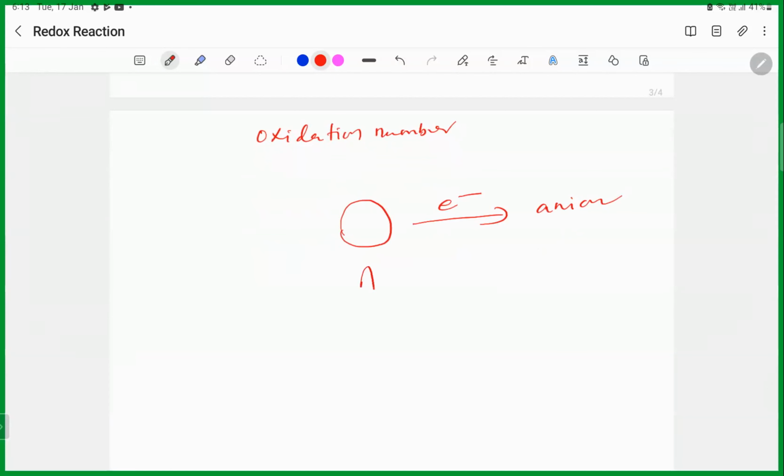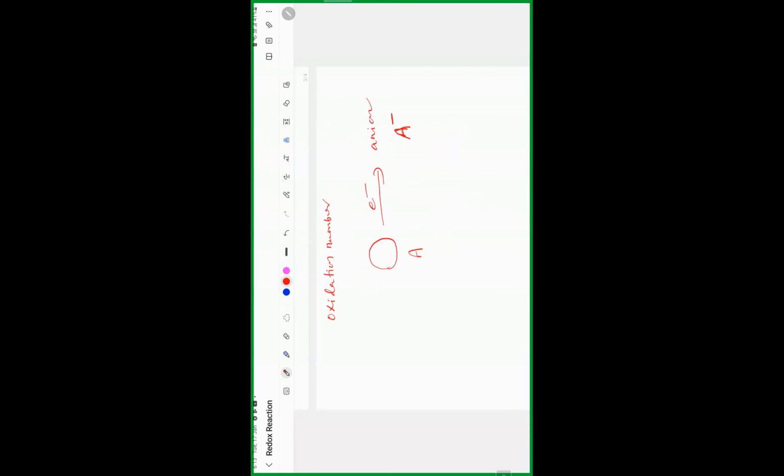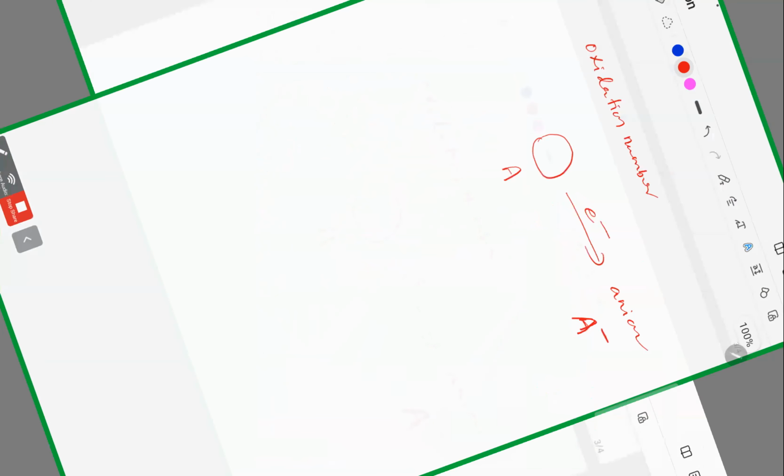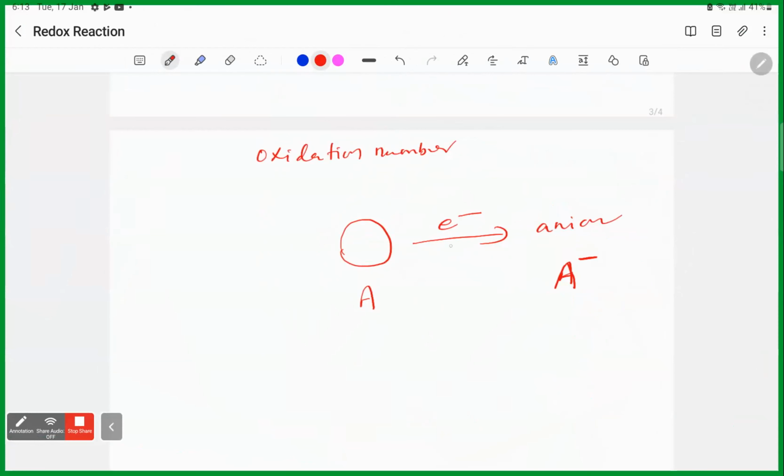So I'm taking A. When you add e minus, it becomes A minus. So when you are adding an electron, you say the oxidation number is a negative charge. Suppose to the same atom you add 2 electrons, then it becomes A2 minus. So it increases in the negative charge.